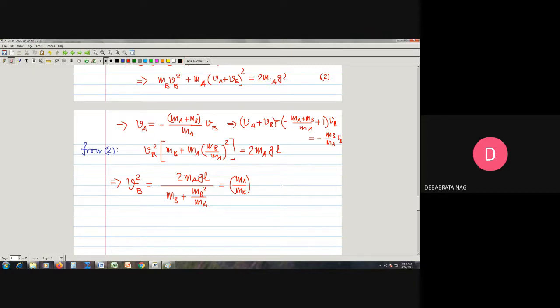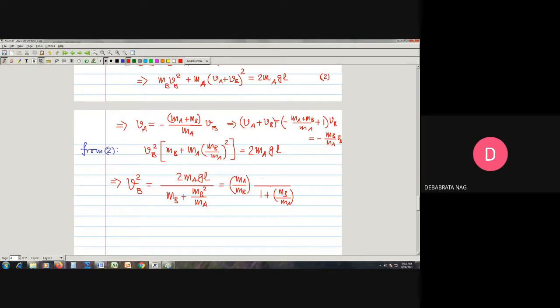In a decent way, we can say that it should be 1 divided by 1 plus MB by MA, because we have taken MB common from here. So it will become MB divided by MA into 2GL.